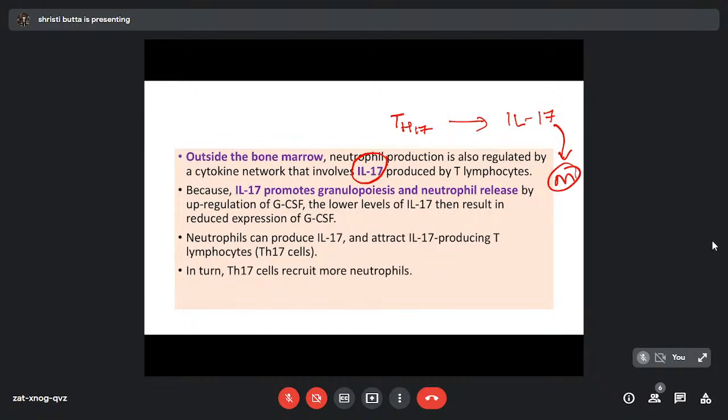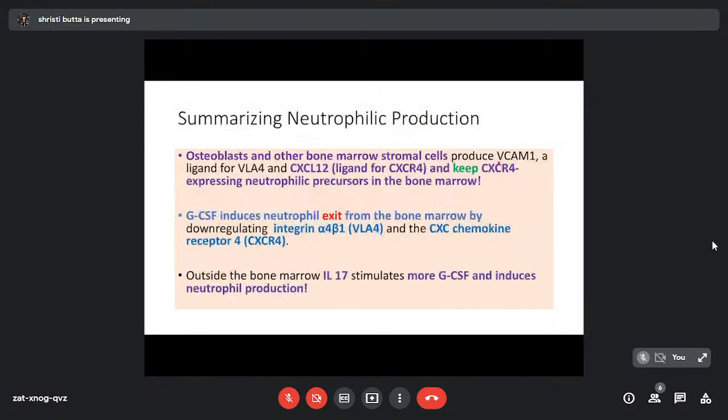Osteoblasts and other bone marrow stromal cells produce VCAM1, a ligand for VLA4, and CXCL12, which is a ligand for CXCR4. That keeps the CXCR4-expressing neutrophil precursors in the bone marrow.